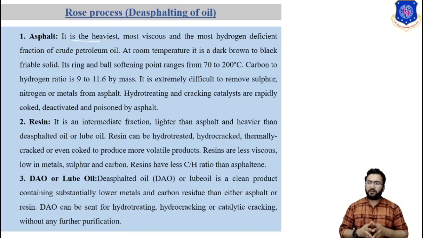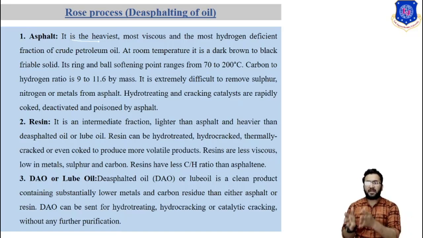Now let's discuss the resin. It is an intermediate fraction, lighter than the asphalt and heavier than the deasphalted oil or lube oil. Resin can be hydrotreated, hydrocracked and thermally cracked or even coked to produce more volatile products. Resins are less viscous, and low in metal, sulfur and carbon content.